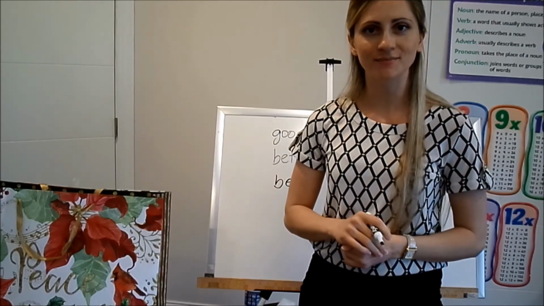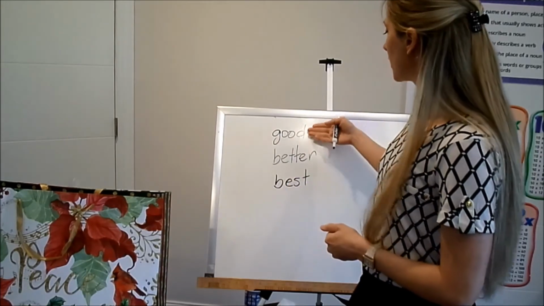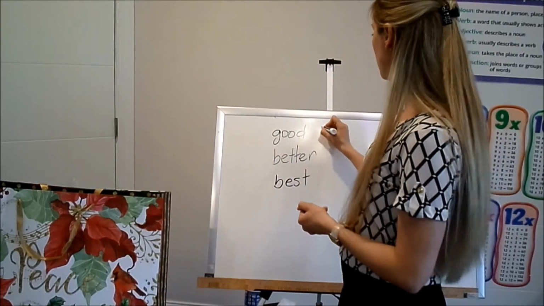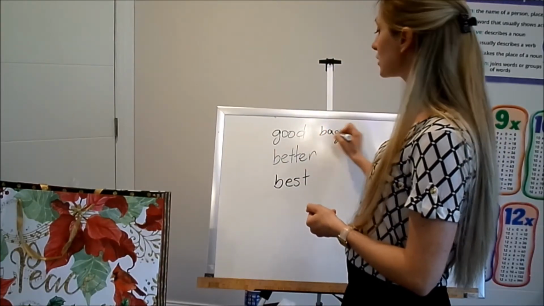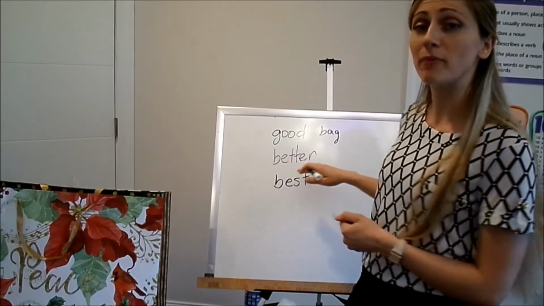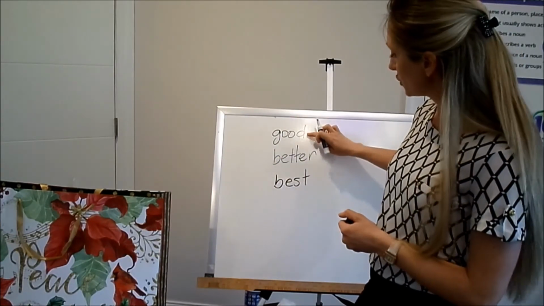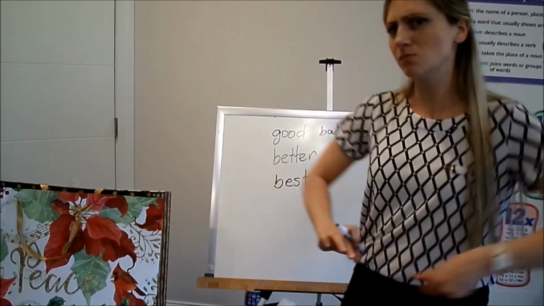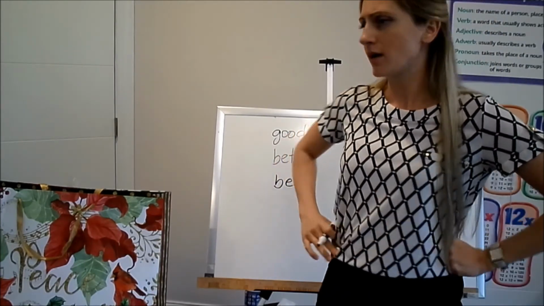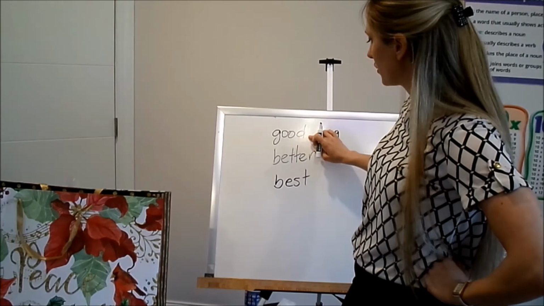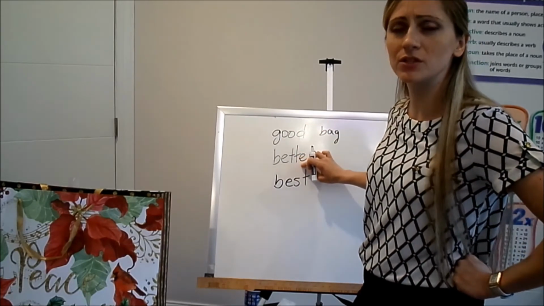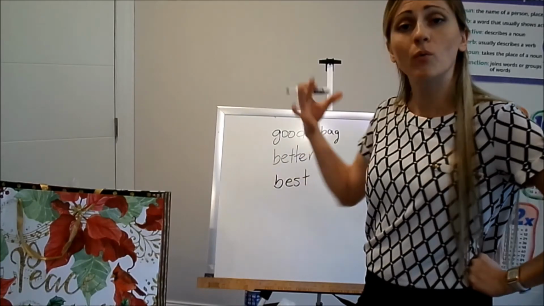Best bag. Okay? So you have the word good, which is an adjective for describing the word bag. And it was a good bag, but we found a better bag. Look at the two words, G-O-O-D and B-E-T-T-E-R. How can the same word be completely different when you start comparing things? Well, that's what I said.